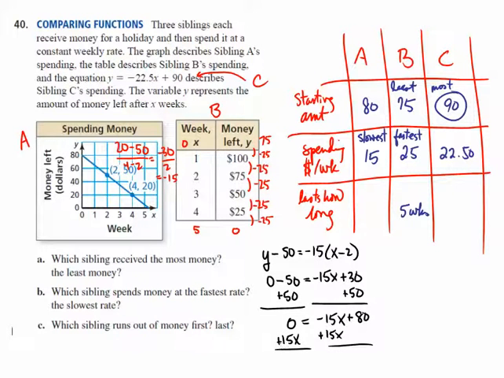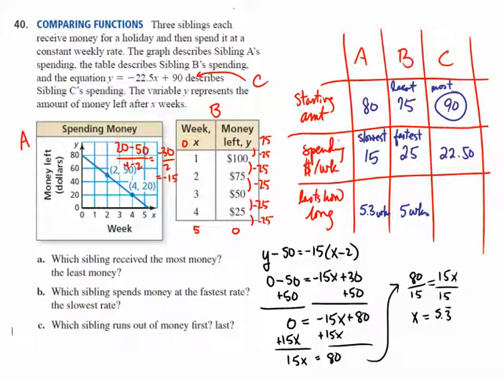Again, there are more than one ways that we could have carried this out, 15x is equal to 80, and then we'll divide both sides by 15, and we end up with x is equal to 5.3, repeating. So that's about 5 1/3 weeks. So this would be, again, for sibling A, 5.3 weeks.